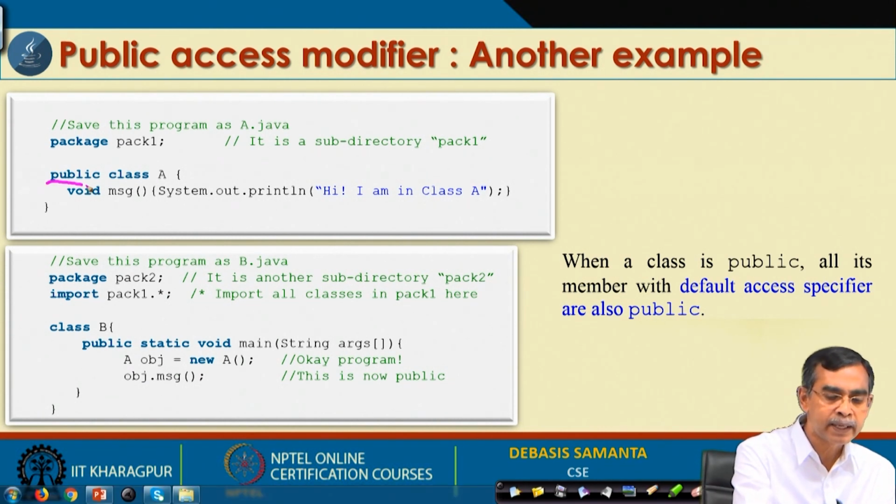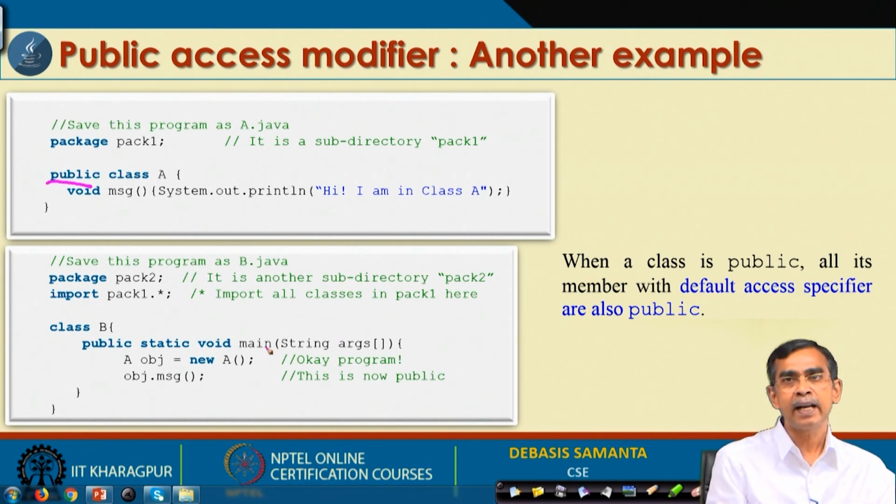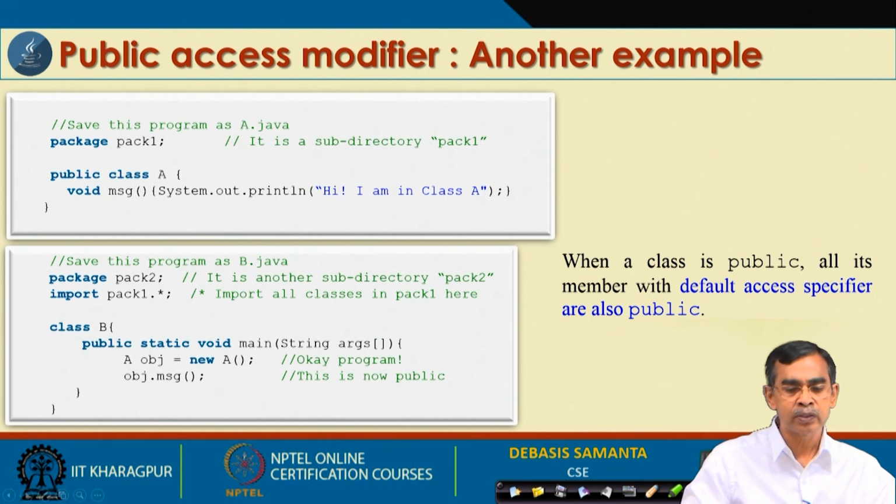So, it is public, that means from any class which belongs to any other subdirectory, this class A with all its members will be accessible. So, this is the public access modifier, it is very easy. If you mention public, then it is accessible to anyone.